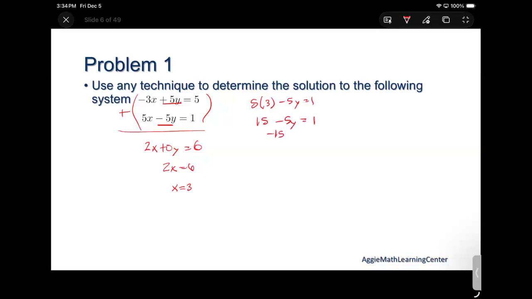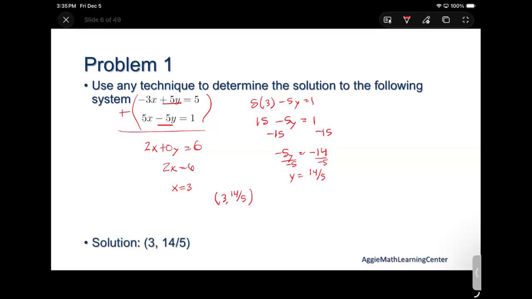You can subtract 15 from both sides, so we get negative 5y equals negative 14. Then we divide by negative 5 on both sides, and y equals 14 fifths. So the solution point would be (3, 14/5).